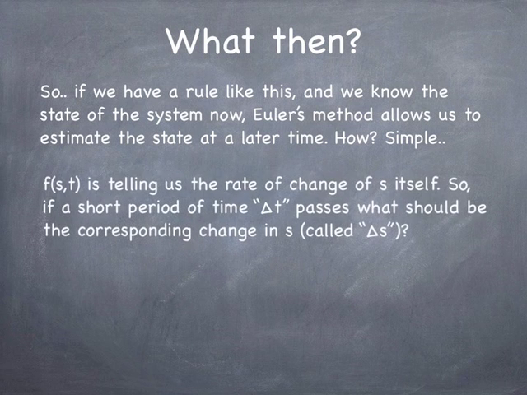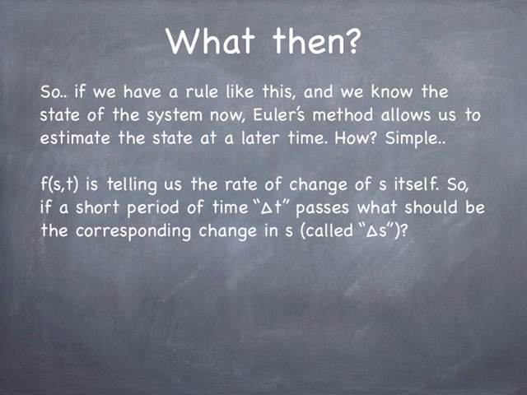How do we do it? We simply write down that the change in S divided by the change in time is approximately equal to the derivative of S with respect to time, which we already know is given by the rule. So we approximate dS/dt as a finite change in S divided by a finite change in time.